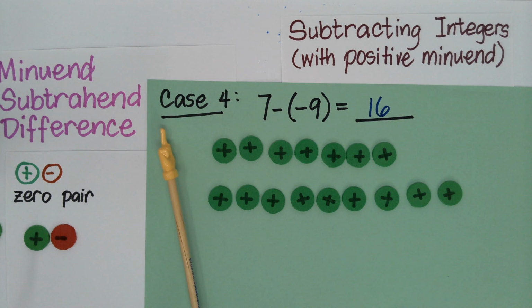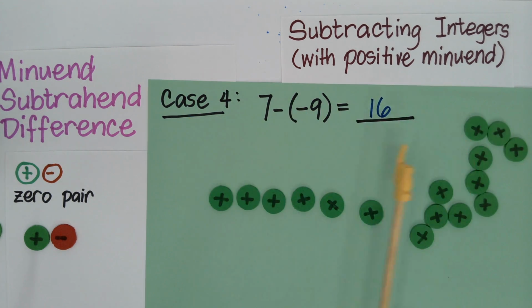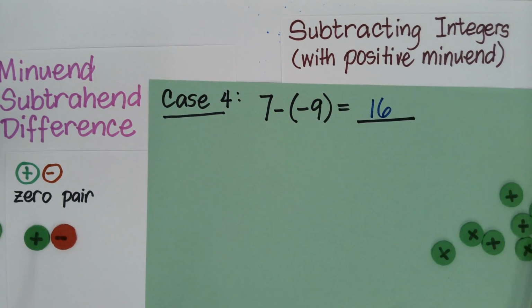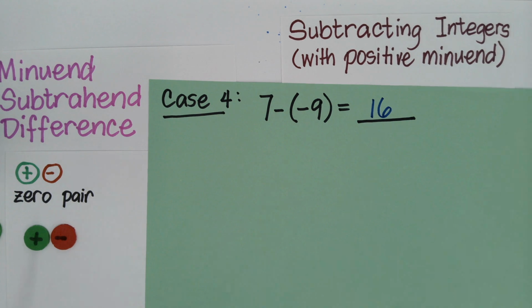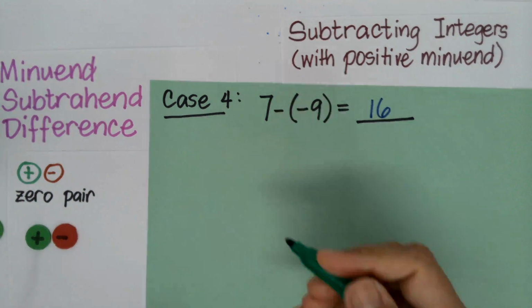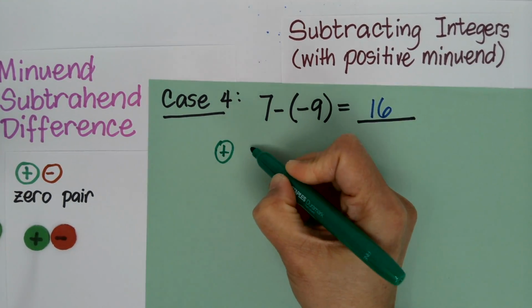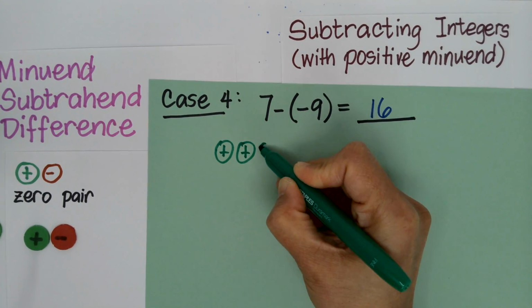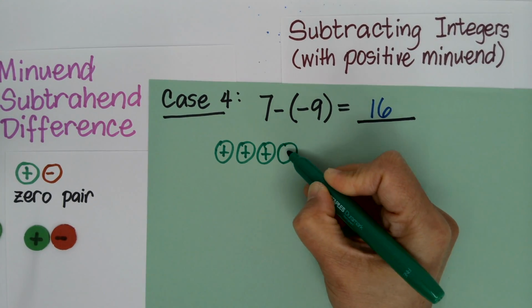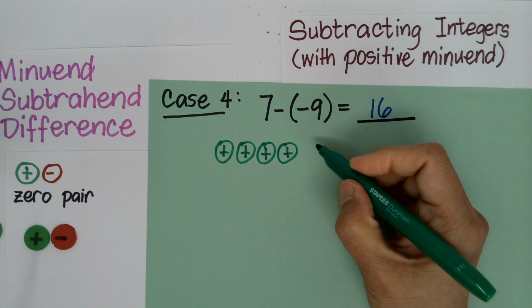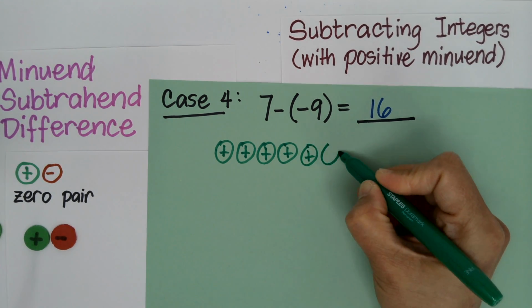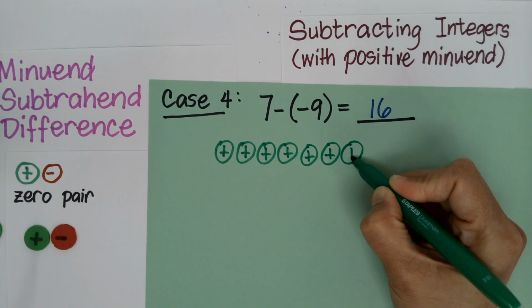Okay, so that's the concrete way of showing subtraction. Let's do the semi-concrete way of doing the subtraction. Just like what we did earlier, we draw 7 positive discs to represent positive 7, our minuend. 1, 2, 3, 4, 5, 6, and 7.